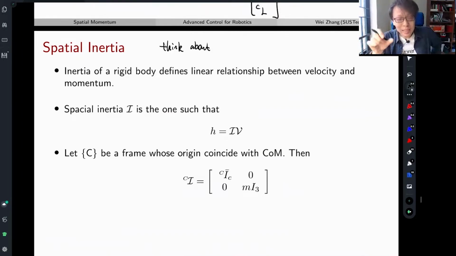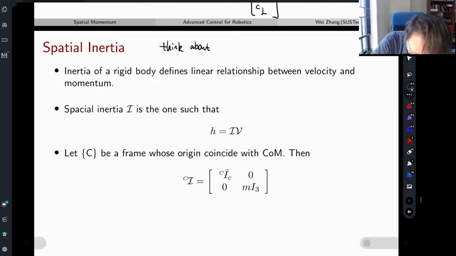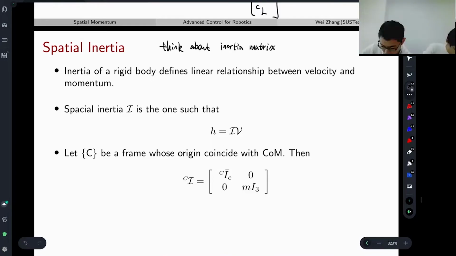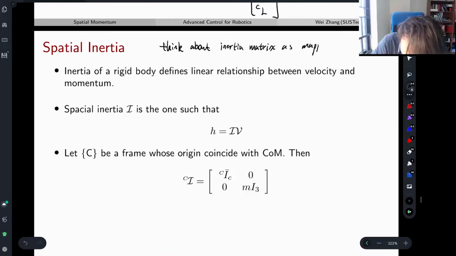Think about this matrix as a mapping that maps from velocity to force space. Let me see, how do I write this part? Think about the inertia matrix as a mapping from the motion space M to the force space F.